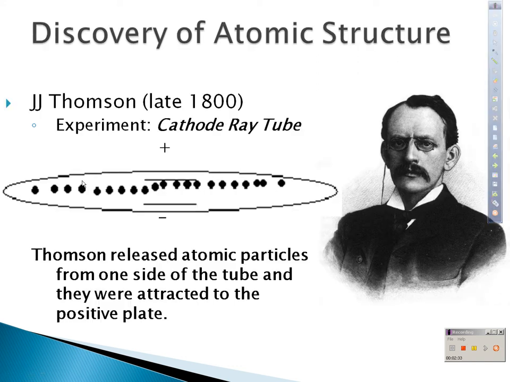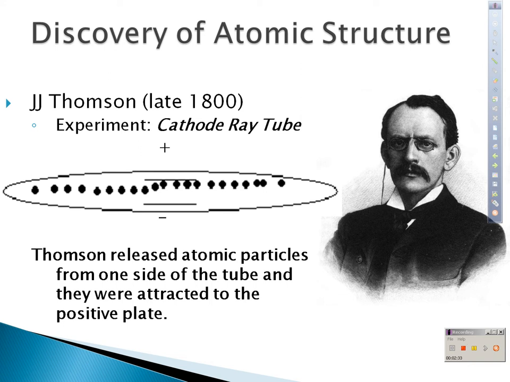Now, we go over here to Thomson. Thomson had an experiment he called the cathode ray tube. It's basically like your TV, not your brand new plasma or LCD, I'm talking about the old ones that used to be in computer monitors before everybody got a laptop. In these cathode ray screens, a beam of electrons is emitted at one end and beamed towards the other end.